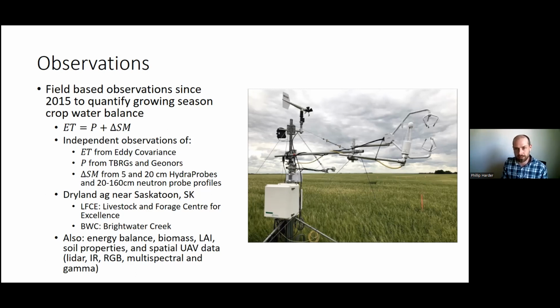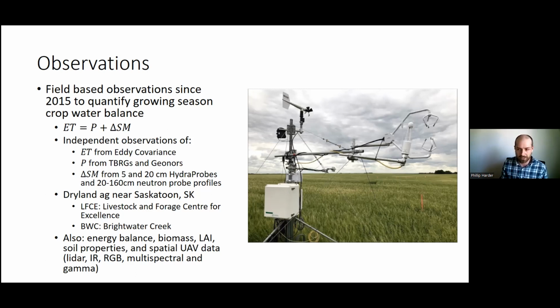So using evapotranspiration from eddy covariance systems, precipitation with networks of Geonors and tipping buckets, and looking at soil moisture with a whole suite of hydroprobes for near surface, getting into neutron probes for the deeper soil. And we've got, I think, in total about 19 site years now for sites near Saskatoon.